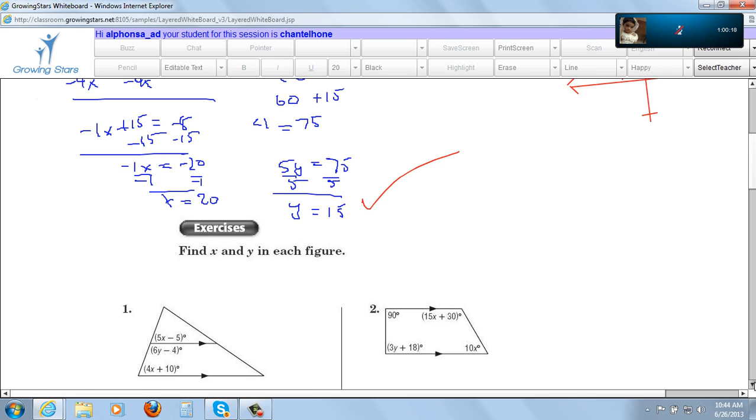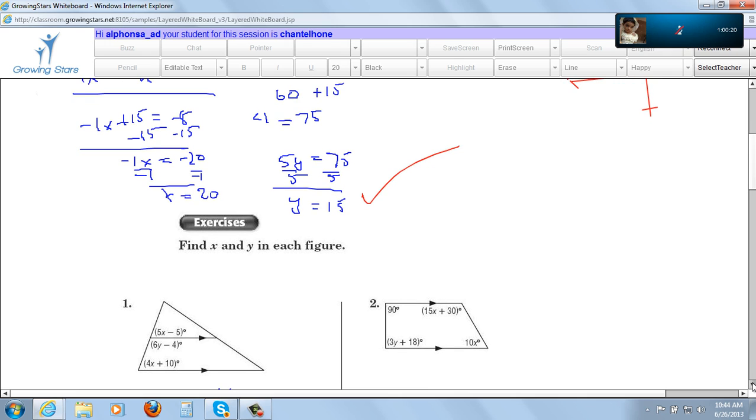So it would be, once again, 6y minus 4 equals 70.